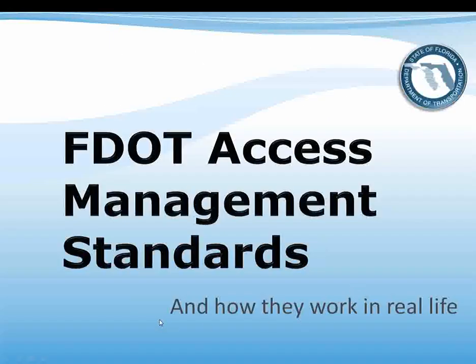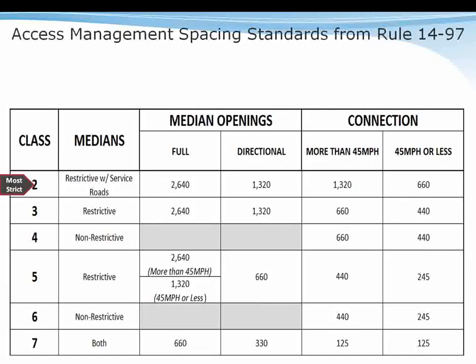Before we go any further, I'd like to talk about the access management standards and how they really work in reality. This is a table showing the standards found in our Rule 14-97, and what you have here is Class 2, which is the most restrictive, to Class 7, the least restrictive.